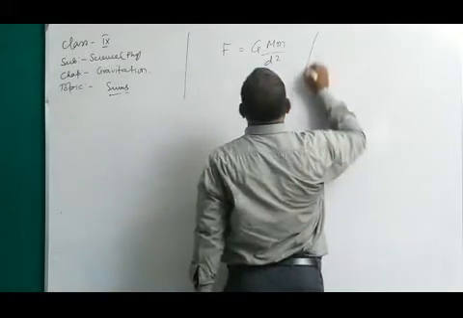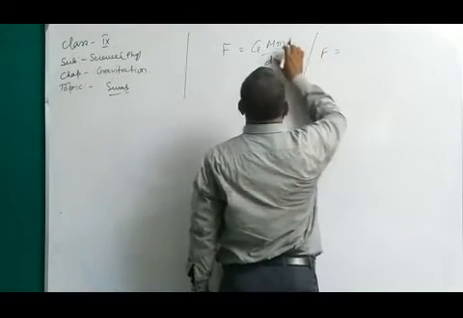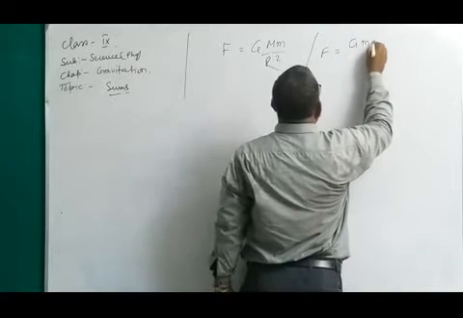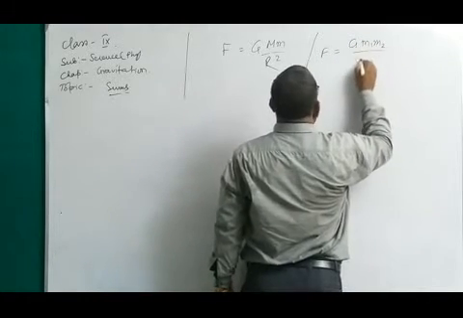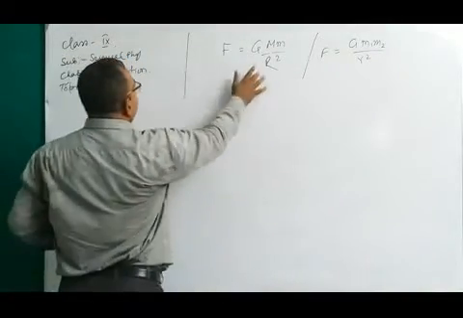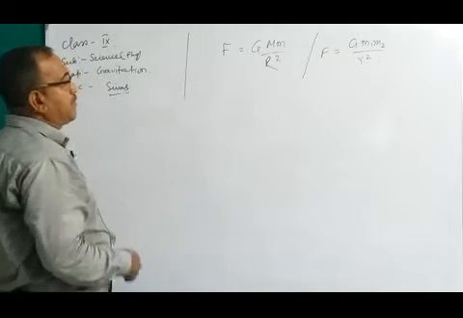Or the common formula, you know it, F equal to G m1 m2 by r square. This is the common formula, and this is a particular formula for the earth's surface.